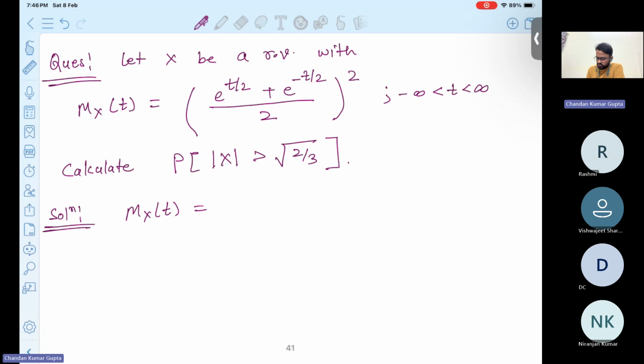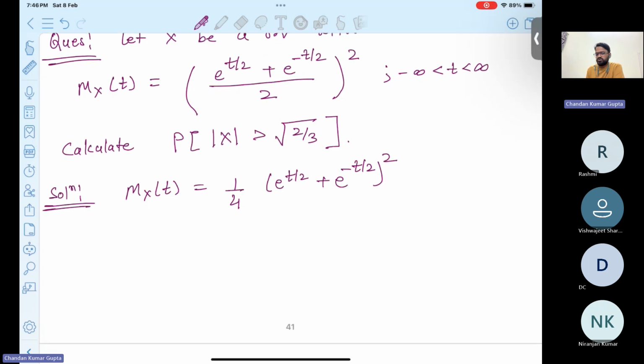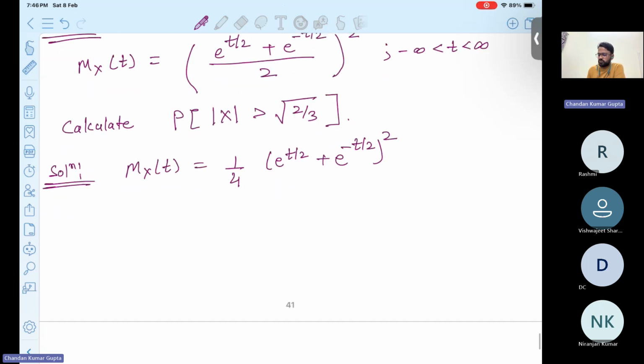It's a square, so 1 by 2 squared is 1 by 4, and (e^(t/2) + e^(-t/2)) whole squared. Since a plus b whole squared is there, we may use the formula.